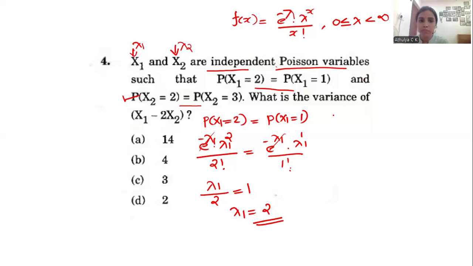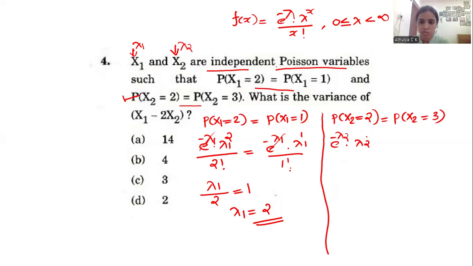So we can expand it as P(X2 = 2) equal to P(X2 = 3), right? We can write it as e raised to minus lambda 2 into lambda 2 squared divided by 2 factorial, equal to e raised to minus lambda 2 into lambda 2 cubed divided by 3 factorial, because the X2 value is given as 3.